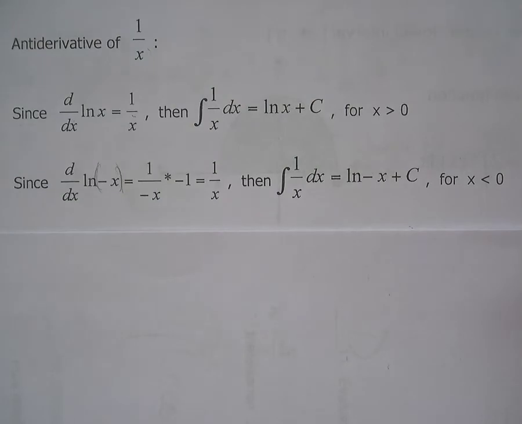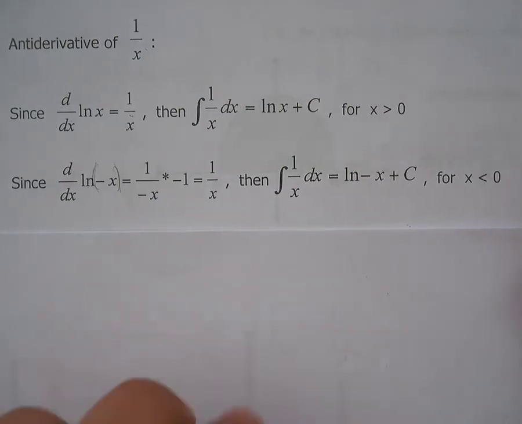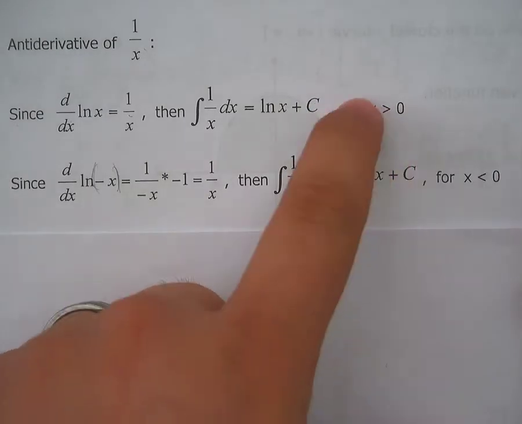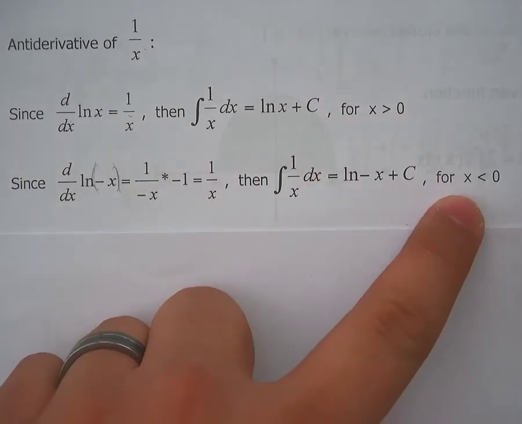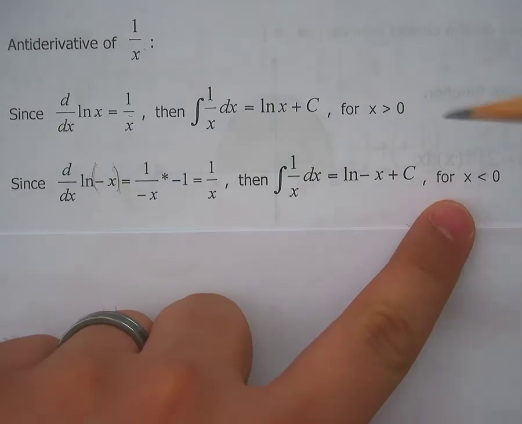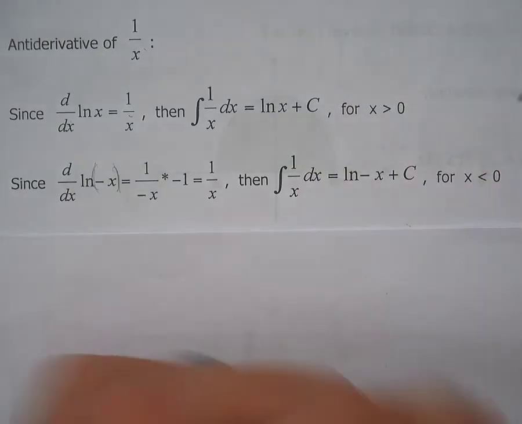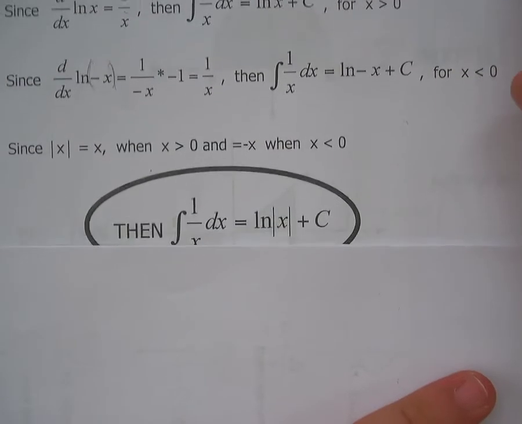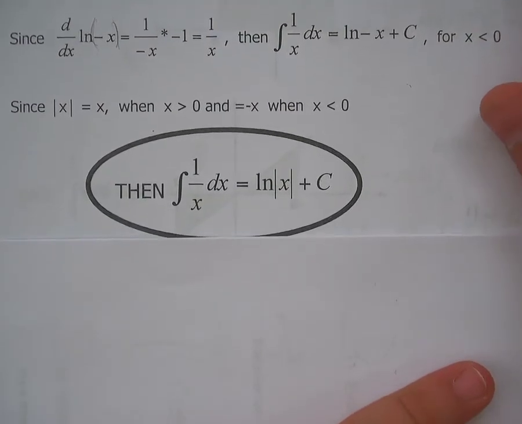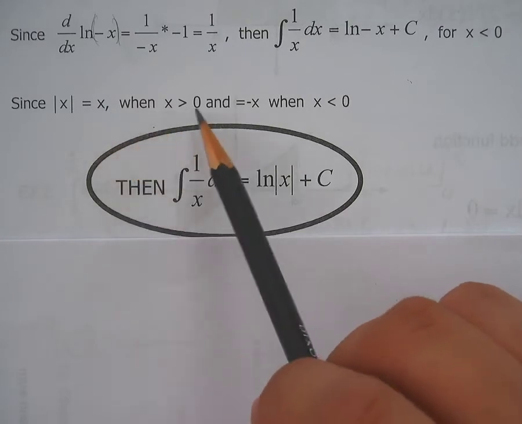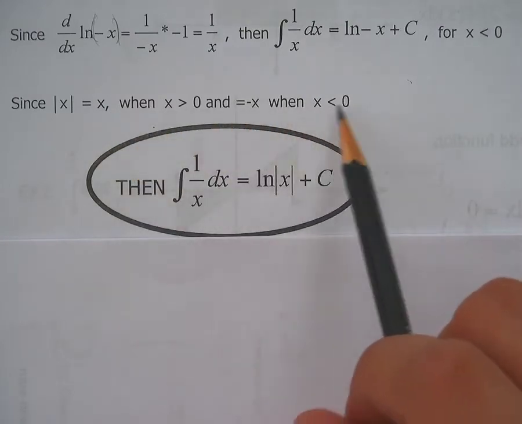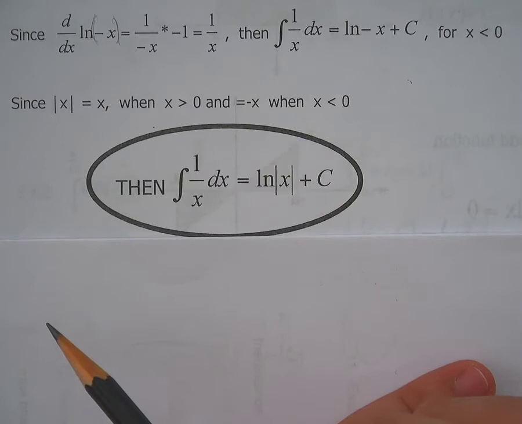Now, we'll get to what all this means here in this little bubble down here for when x is less than 0. So there is a split between when x is greater than 0 and when x is less than 0. And if you remember, the difference here, plugging in the negative x, has a lot to do with the absolute value. Since the absolute value of x is x when x is greater than 0, and it's negative x when x is less than 0, right?